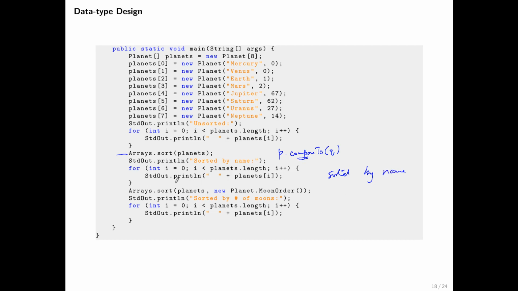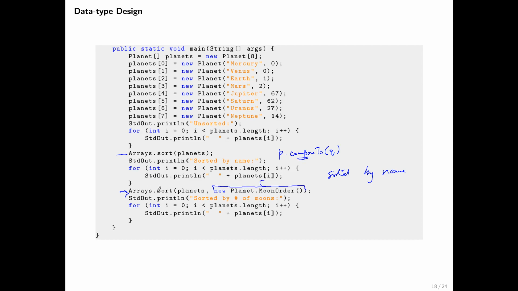Okay. And then we make a call again to Arrays.sort, but now we call an overloaded version of sort. There's another version of sort that takes an array that you want to sort, and in addition also takes a comparator. Okay, so this guy here is a comparator object. Let's call it C. So what are we doing here?